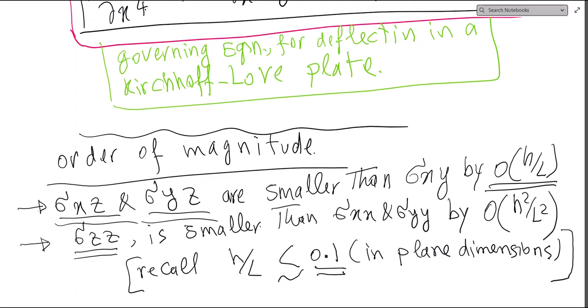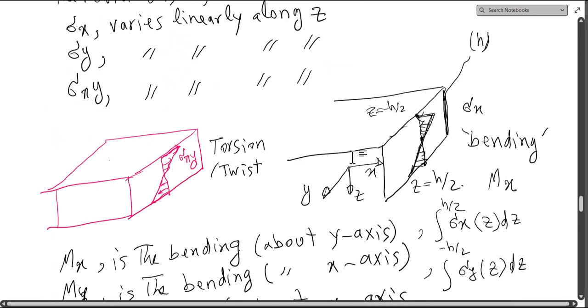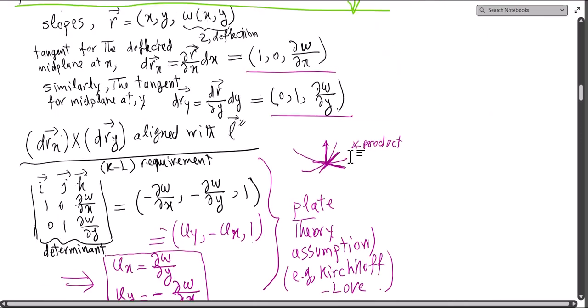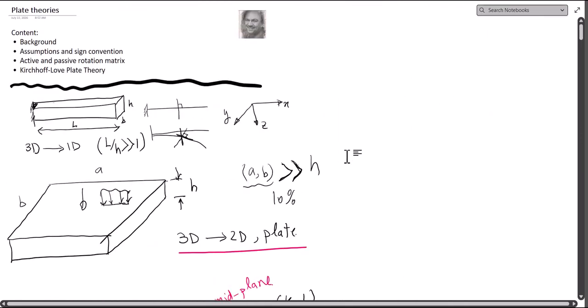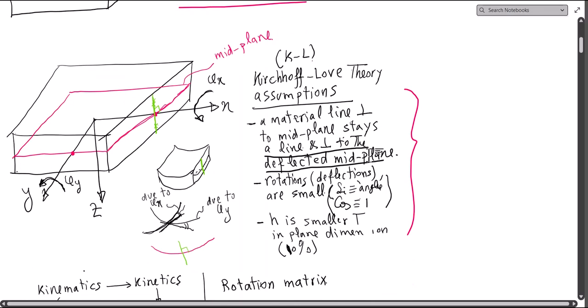I hope these 3 videos help you to understand the plate, the two-dimensional approximation of three-dimensional elasticity. And the first theory that we did here is Kirchhoff-Love plate theory. It is a simplified version of the overall behavior of a plate.